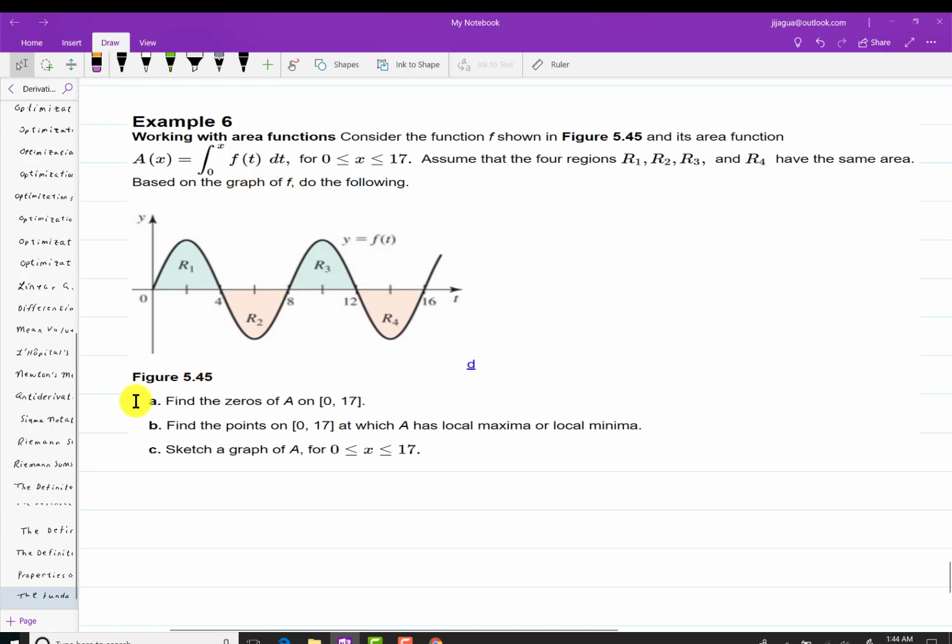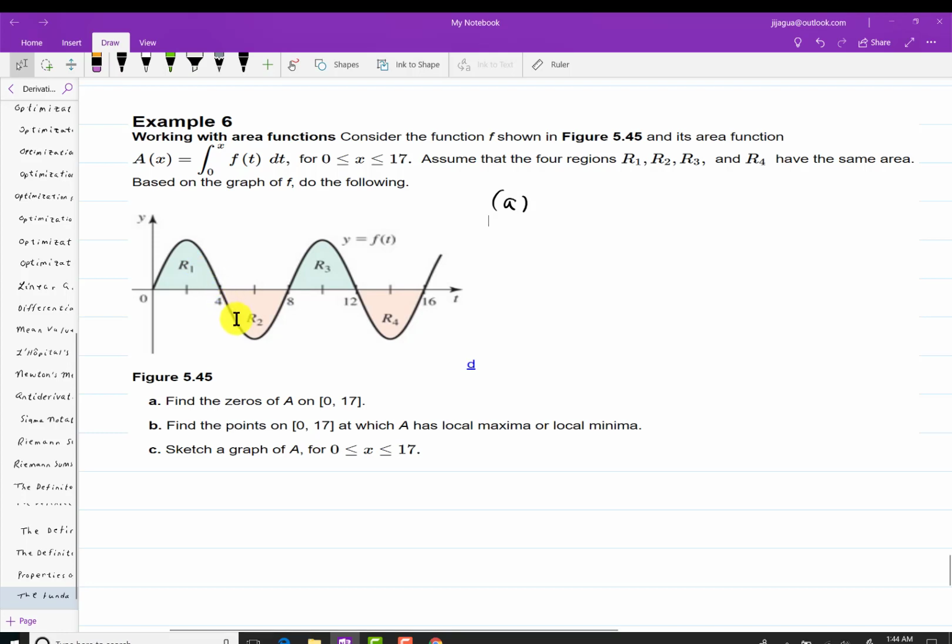So let's see here. Find the zeros of A on 0 to 17. Let's see, part A. What do we have? From 0 to 17, you have a positive region here, then this would be treated as negative area, and this is supposed to be the same as positive area.